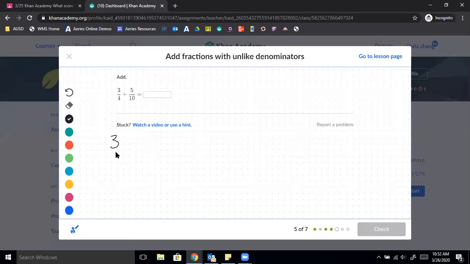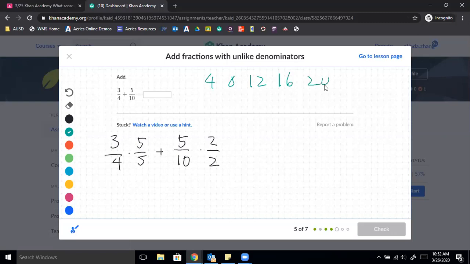So 3/4 times 5 over 5 plus 5/10 times, what is it? 20? 2 over 2. Okay. So how do you find that? 4, 4, 8. Well, you've got to be good at your times tables. Woohoo!